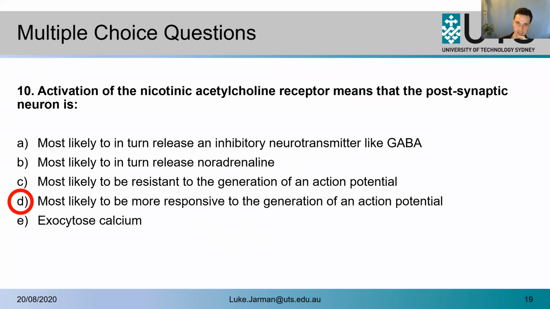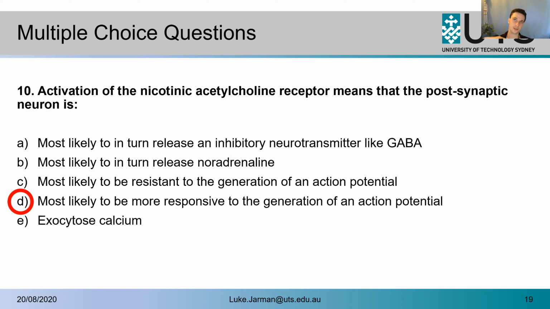So activating nicotine receptors is going to cause the postsynaptic neuron to be more likely to be responsive to the generation of an action potential. That is, in essence, what stimulatory neurotransmitters or stimulatory receptors do. They lower the threshold required for an action potential, and so that's what makes it more responsive.